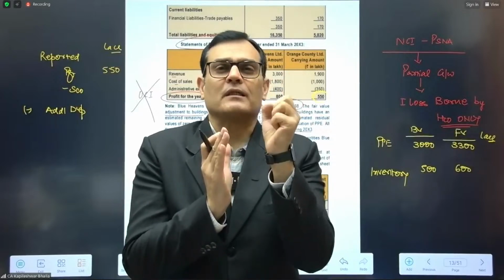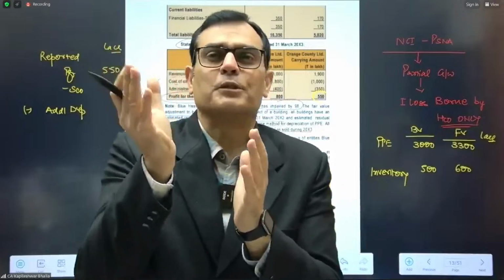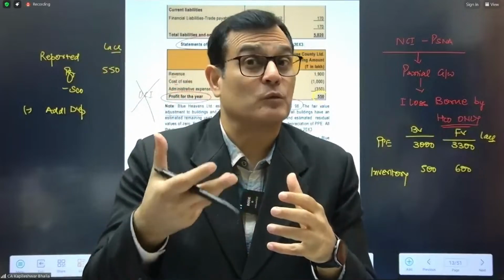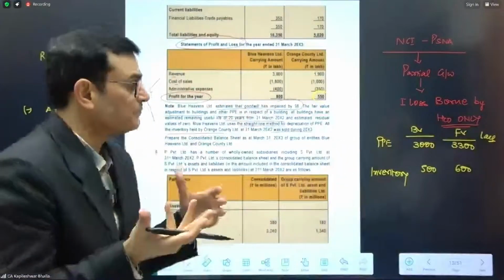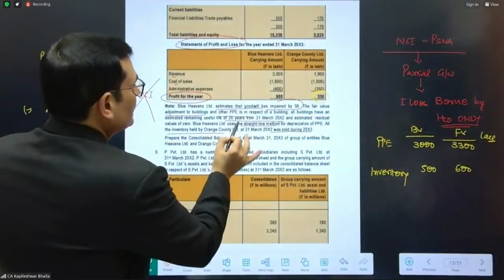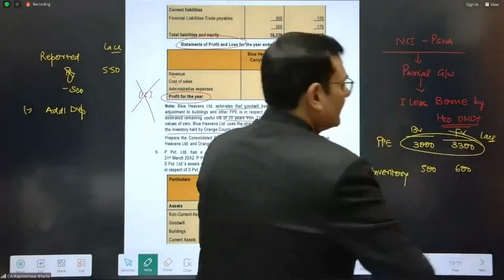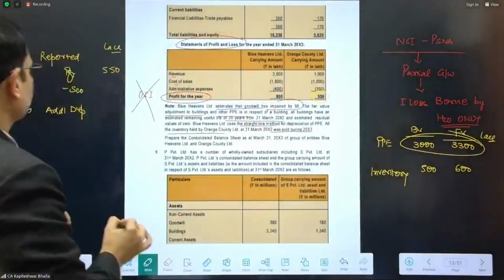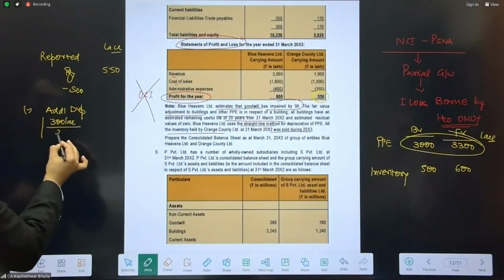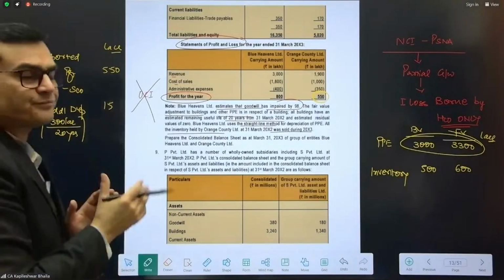So the reported profits are without it, but the consolidated income statement will consider additional depreciation. So when we calculate the NCI share in the profits, we need additional depreciation as well. We are given very clearly that the remaining life of the asset is 20 years with no scrap value. So there is an increase of 300 lakhs. The additional depreciation is on that increase spread over 20 years straight line, so we get additional depreciation of 15.